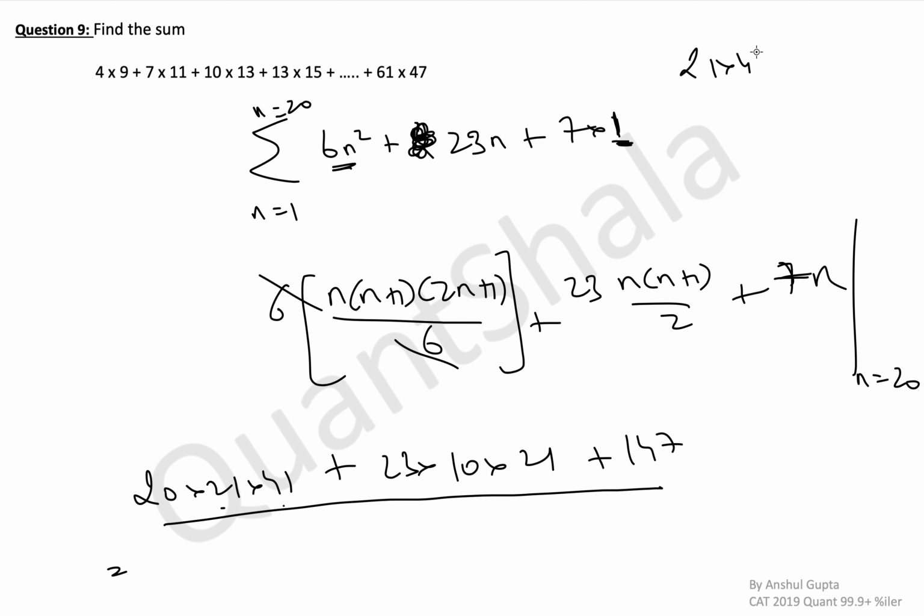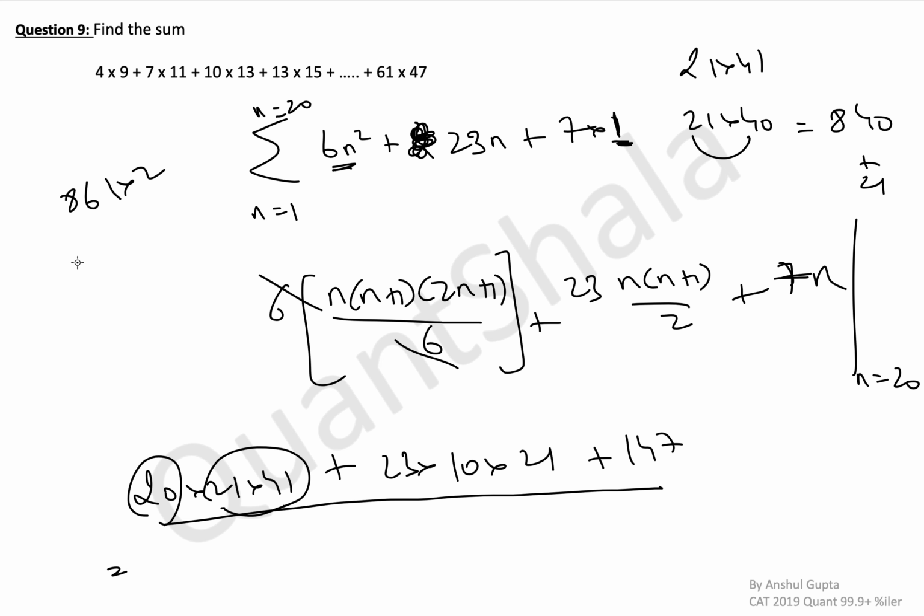21 multiplied by 41, how do you get it? Just get 21 multiplied by 40. That is 840, because 21 multiplied by 4 is 84, and then add 21 to it. So you get 861. 861 multiplied by 20. So 861 multiplied by 2 will be 1722.